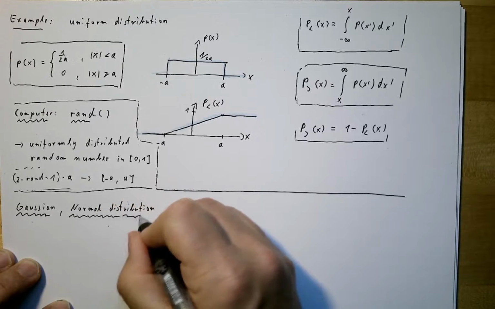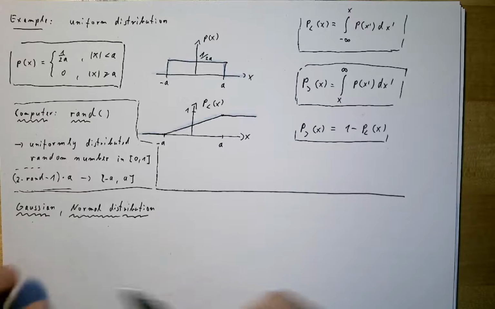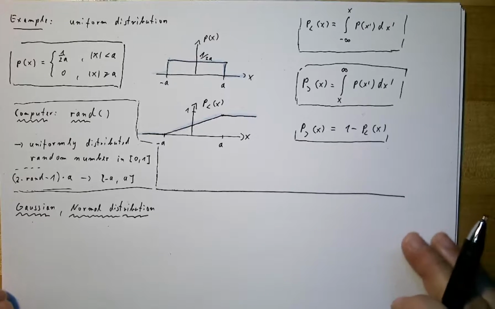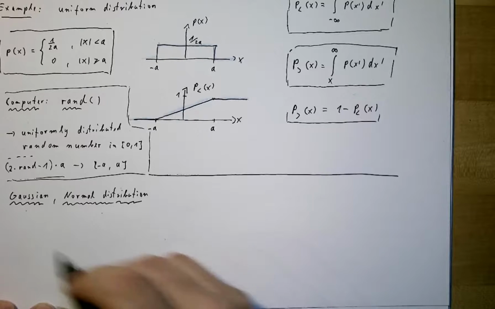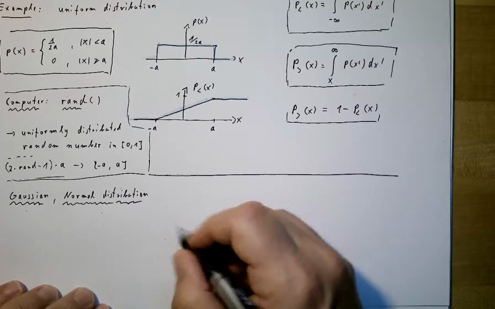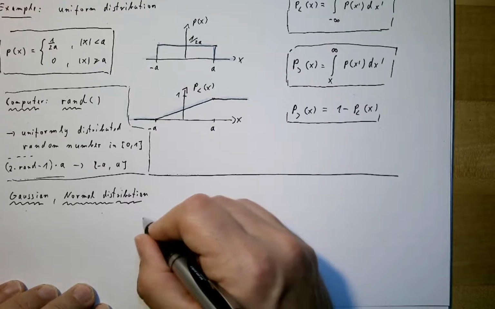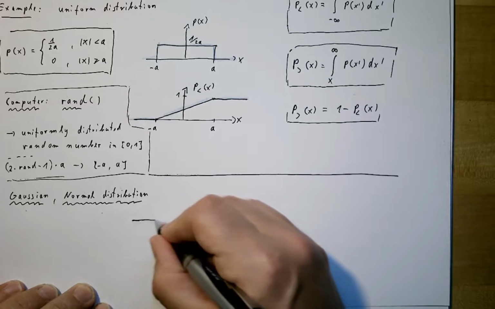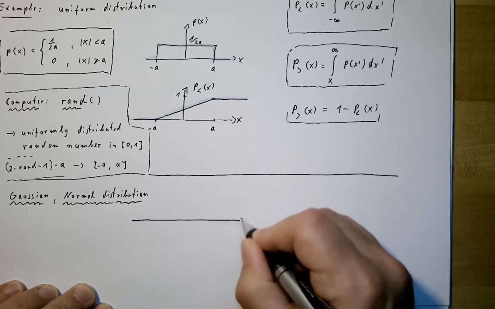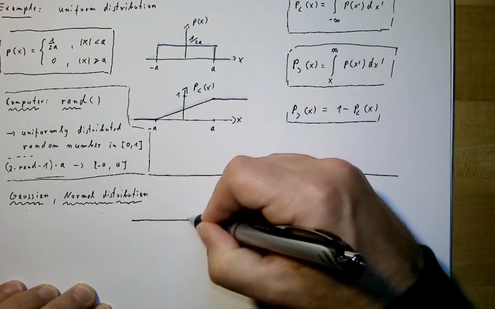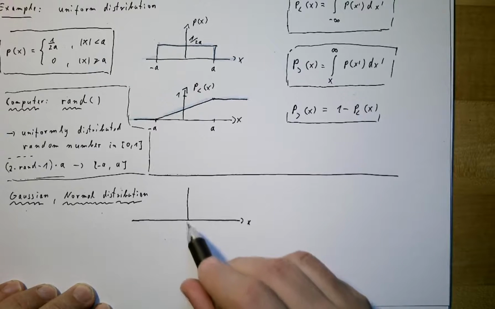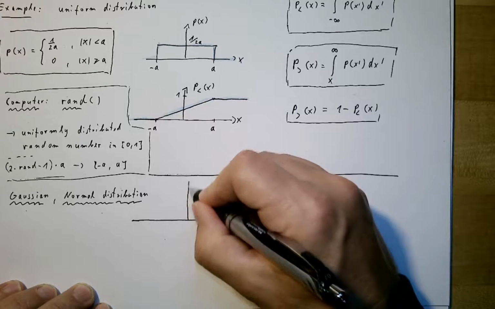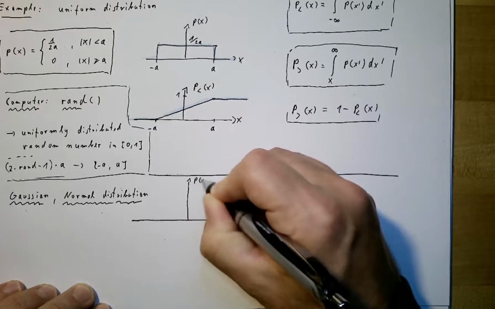And the name normal distribution already implies that it's a distribution that's very often expected for things to happen. So how does the Gaussian look like? Again, we have the x-axis, we have a distribution symmetric around 0, we have p of x.